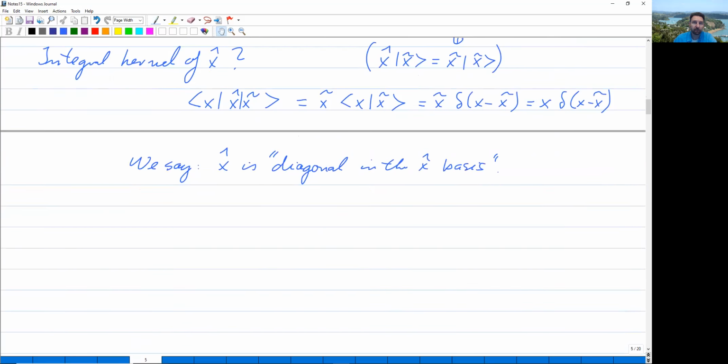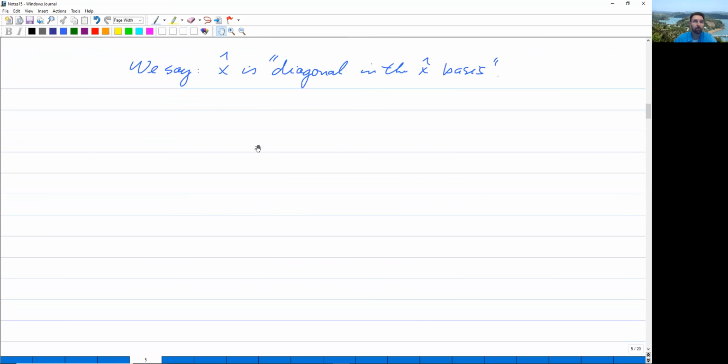Now, that's all good and fine, but what about the momentum operator? What is p hat in the x hat basis? What is its integral kernel?